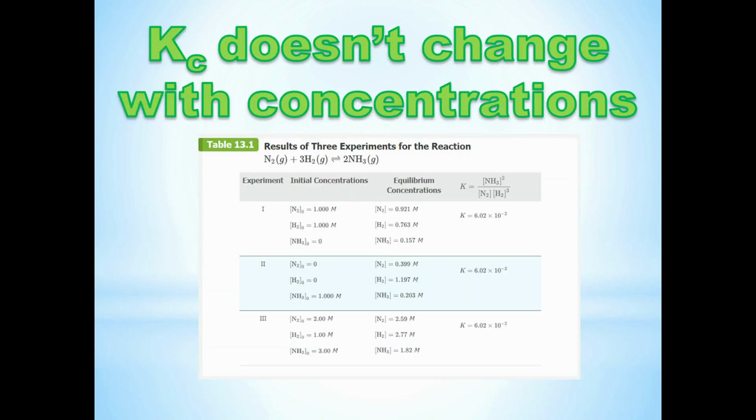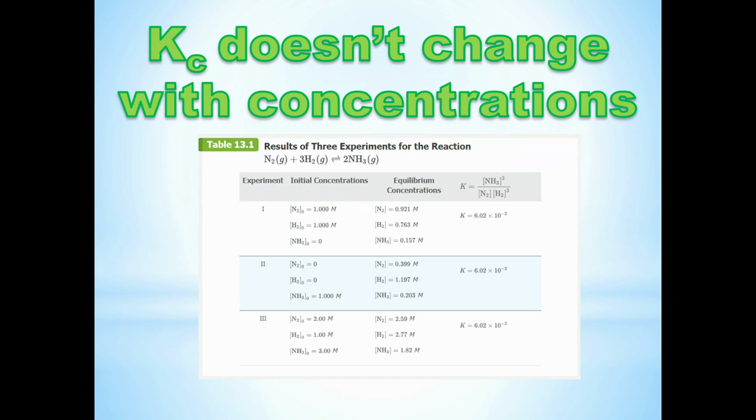So we can see that 1 started with all reactants and no products, 2 started with all products and no reactants, 3 started with a mixture of both, but my K value for every single one of them is 6.02 times 10 to the minus 2. But the concentrations are extremely different for each one.